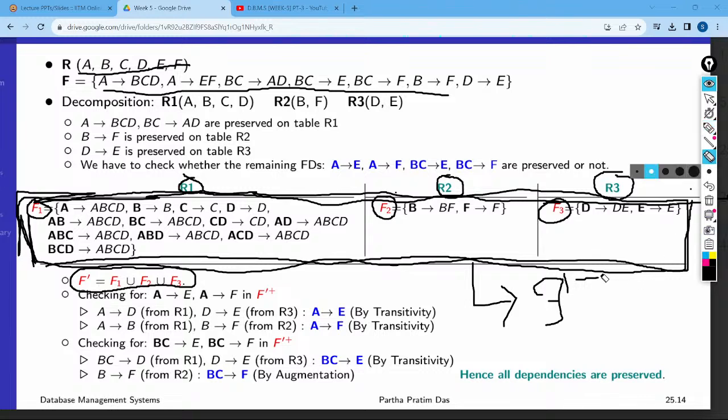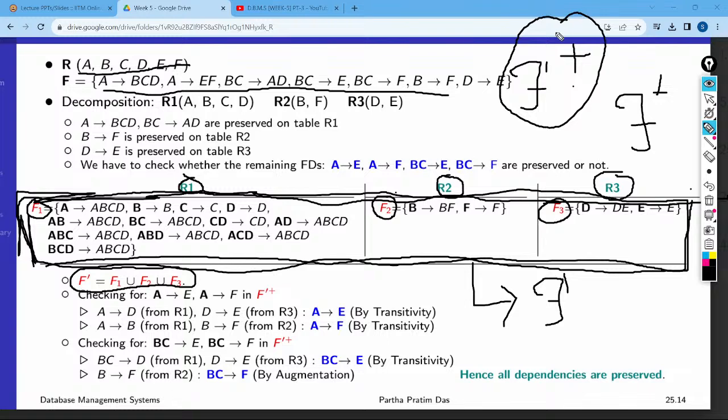Once you started calling it F dash, what you now want to see is whether F dash plus contains this F plus. Does it contain F plus or not? Is it an exhaustive set over F plus or not? That's what you are looking for.